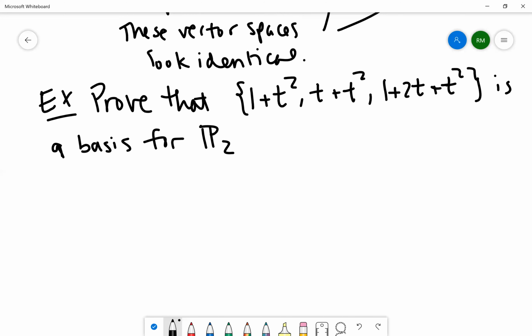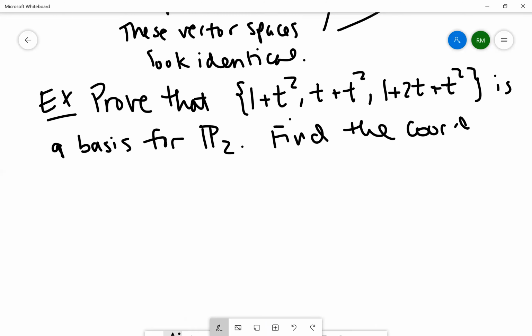And furthermore, I want you to find the beta coordinate vector.